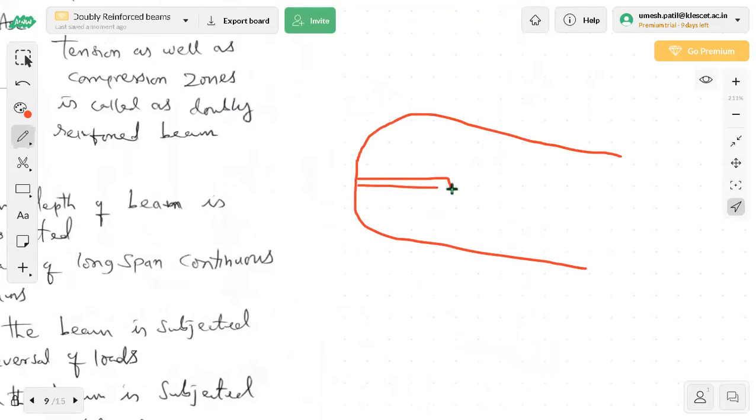Just observe this figure. This is an elevation of an auditorium. This is a balcony beam.